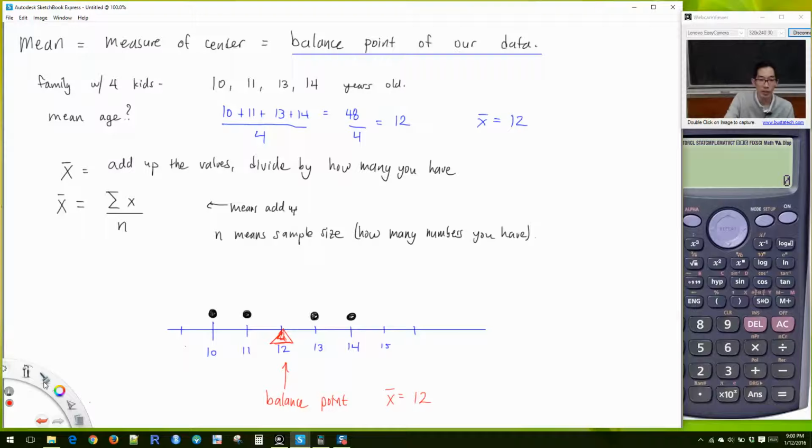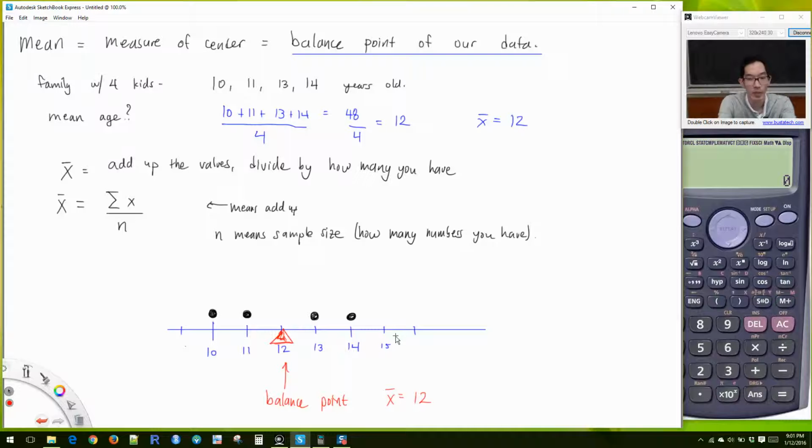Let's say we had another family where the ages of the kids are quite similar, 10, 11, and 13, except the oldest kid isn't 14, the oldest kid is 20.